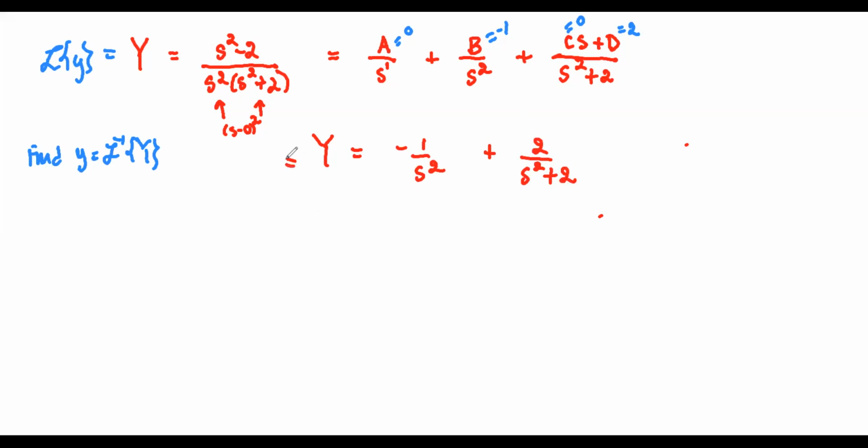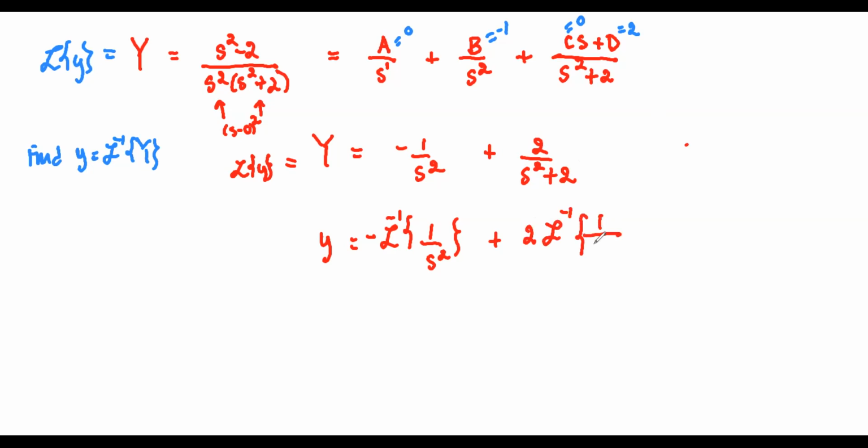So since this is the Laplace of the lowercase y, the y is the inverse Laplace of, I put negative as a coefficient, negative inverse Laplace of 1 over s squared, plus, this time just easier for us to adjust because we see the power 2 of the s plus the number. So either sine or cosine will come out. So the coefficient, just get it out of the way for now.